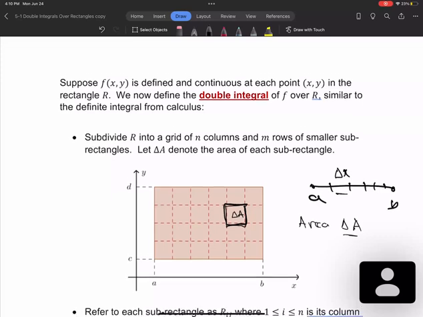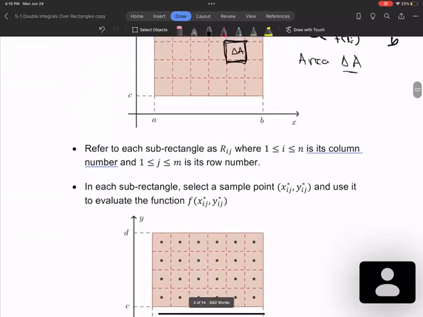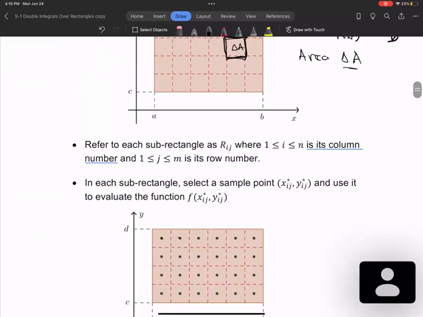And now we need to choose one point for each rectangle, and we're going to call it x i j star.